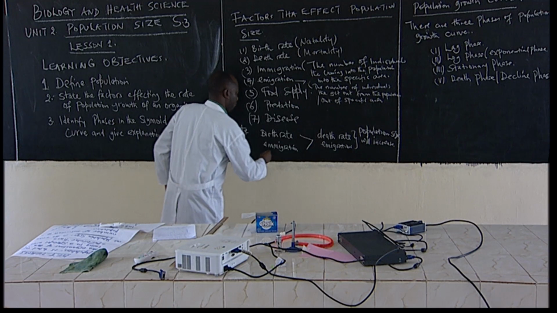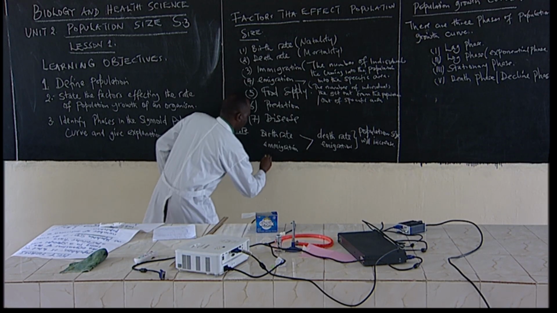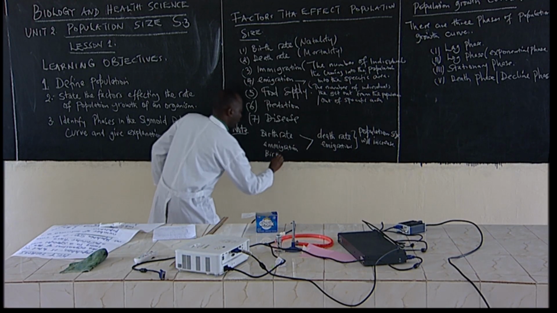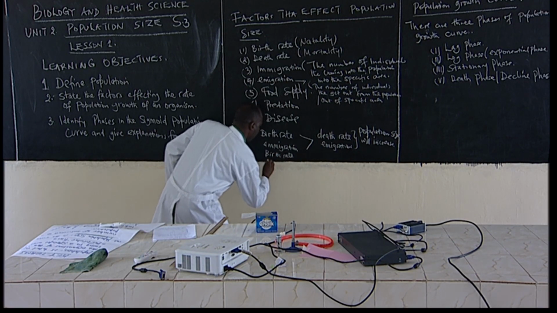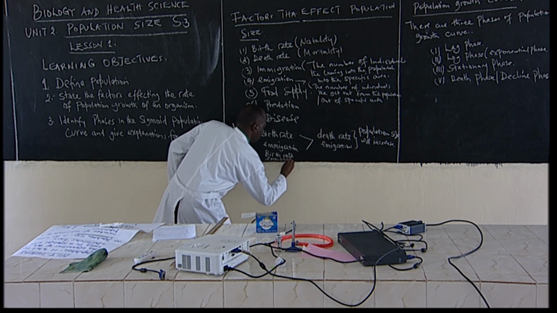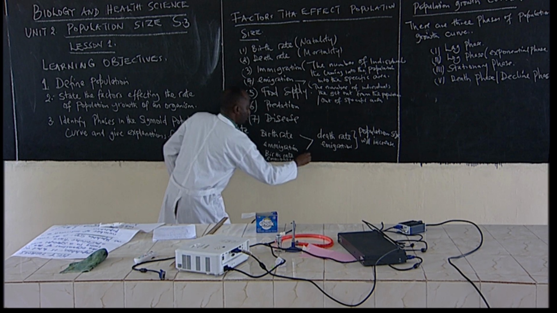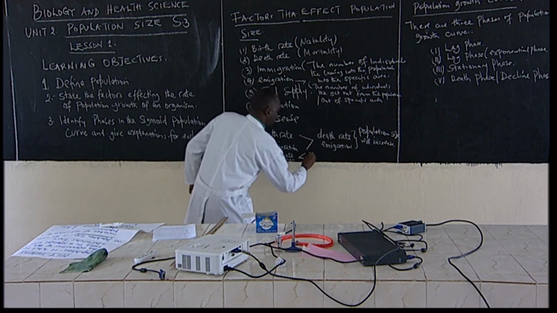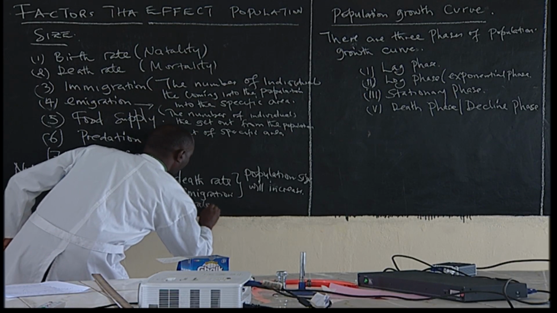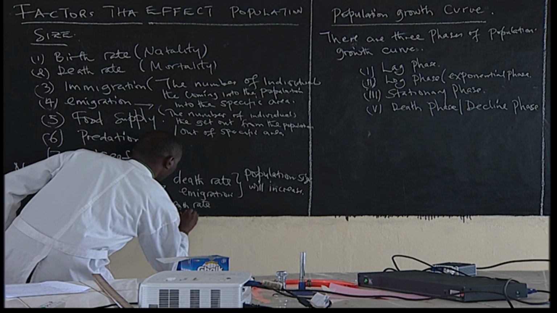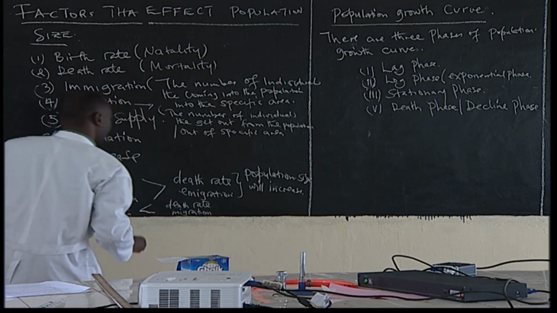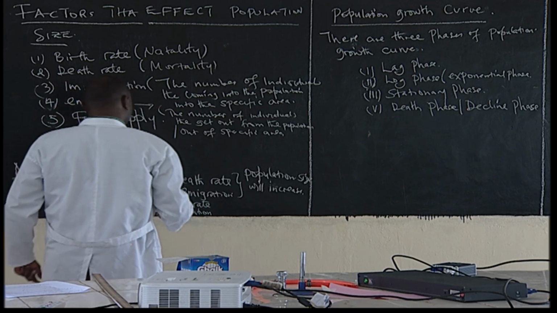But now when the birth rate and immigration is less than the death rate and emigration, what will happen?